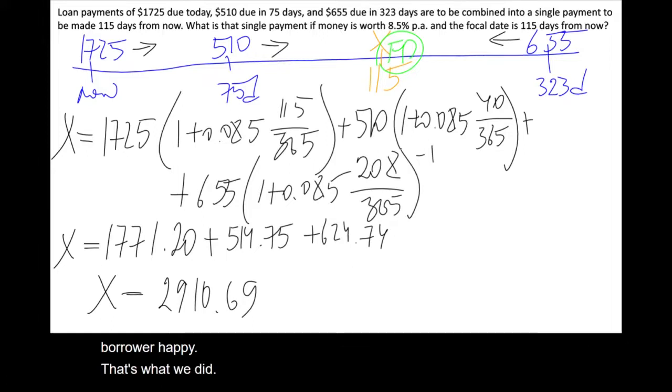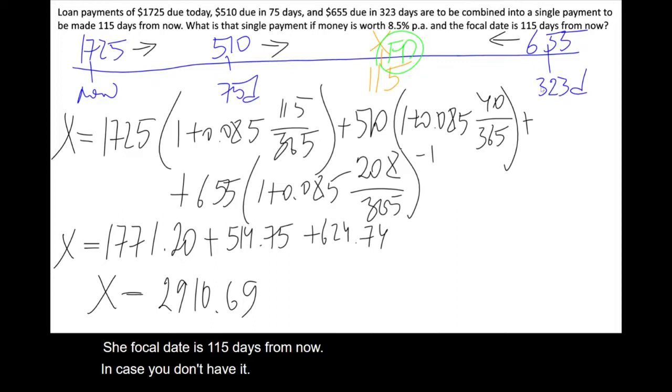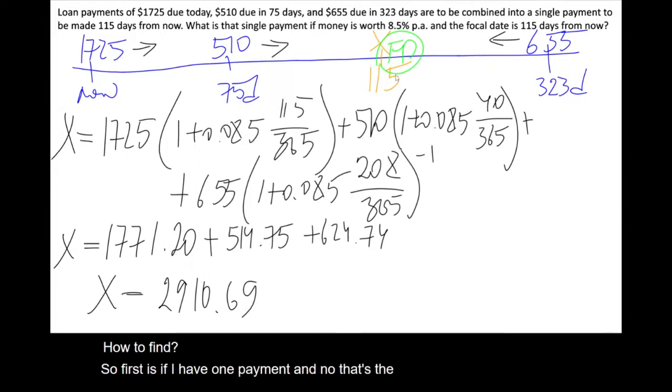And a few lessons ago, you also told us there were 3 ways to find the focal date. Yes, but as I said, on a test, most of the time the focal date will be provided. Here the focal date is 115 days from now. In case you don't have it, you use those guidelines. First, if I have one unknown payment, that's the day of the payment.